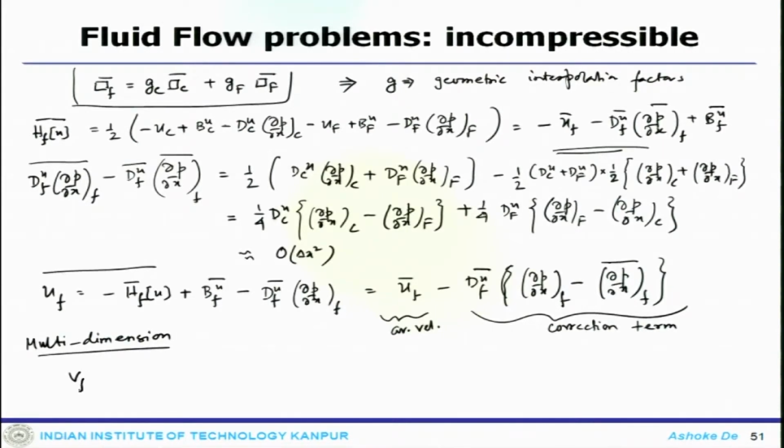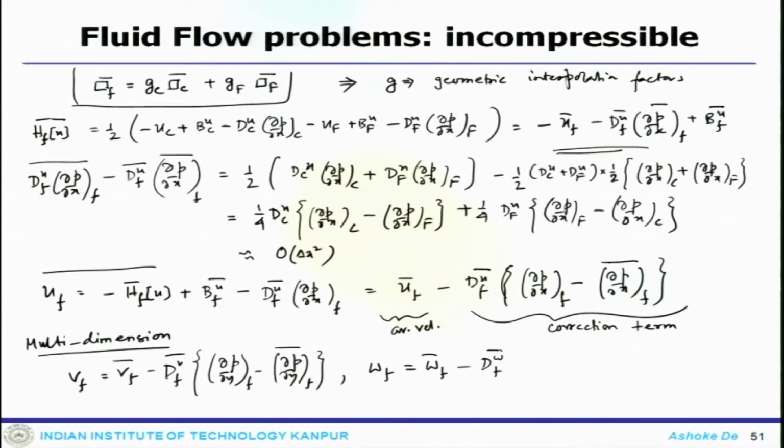So, you can write similarly V_f equals to V_f bar minus D_f^V bar times (del P by del y at face minus del P by del y at face bar), and W_f equals to W_f bar minus D_f^W bar times (del P by del z at F minus del P by del z at F bar).